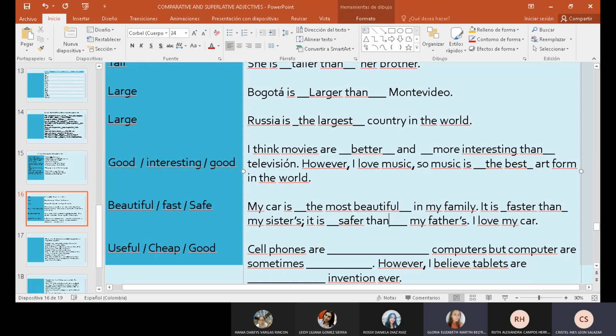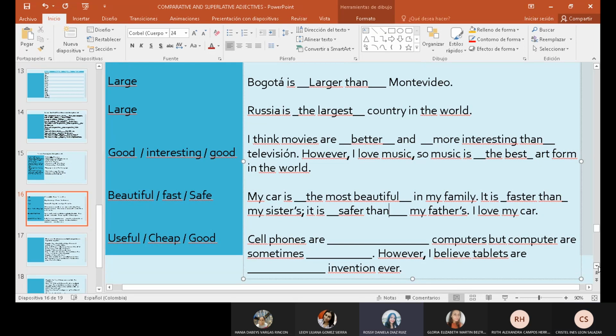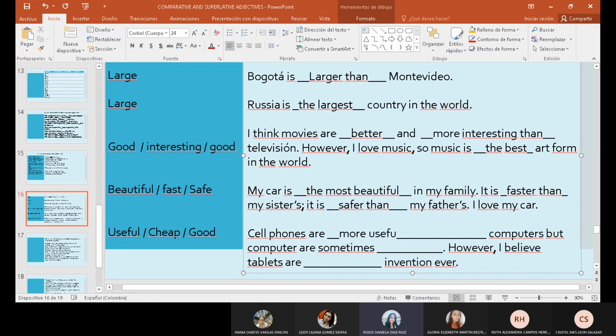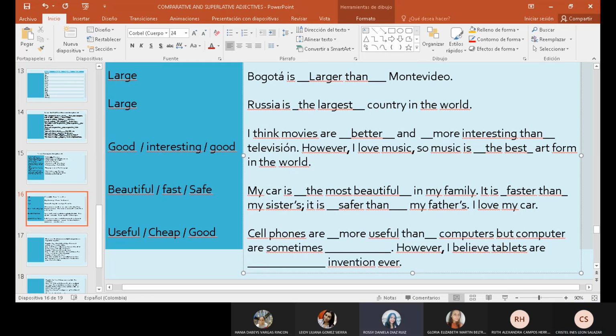Rosie, please help me with the other sentence. Cell phones are more useful than computers. But computers are sometimes cheaper.